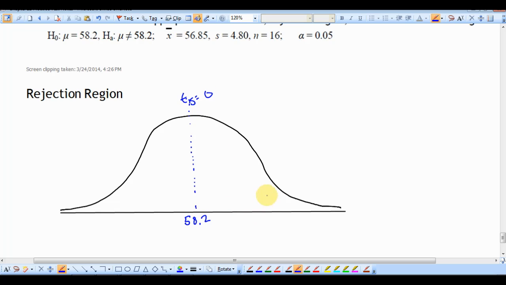Now our alpha is 0.05. So that means the area here is 0.05. Wait, isn't it combined? Oh yeah, 0.025. You are right.